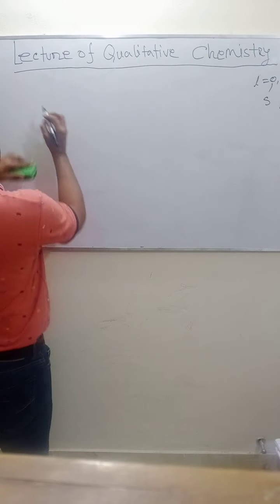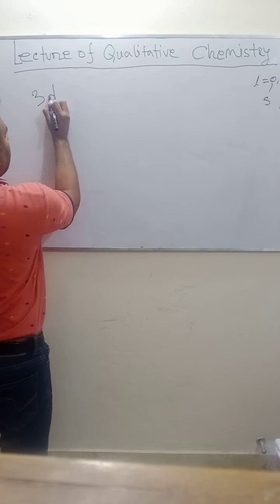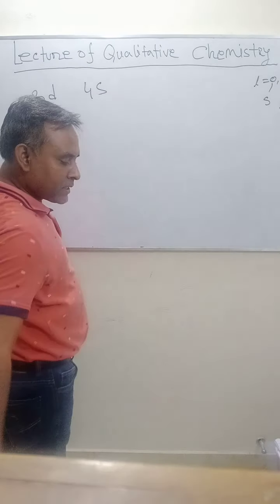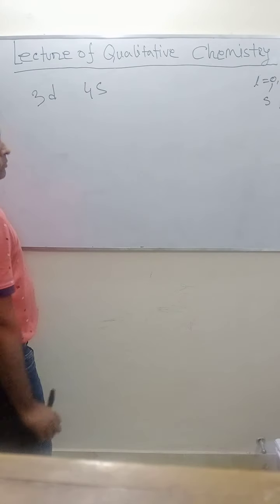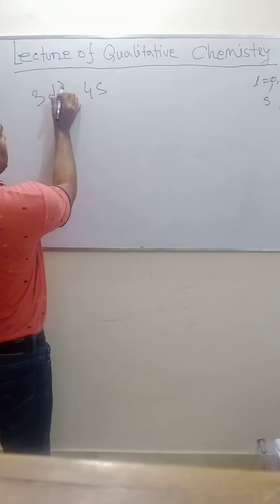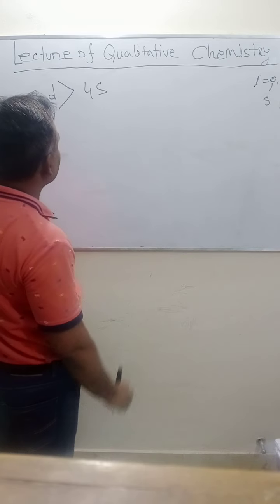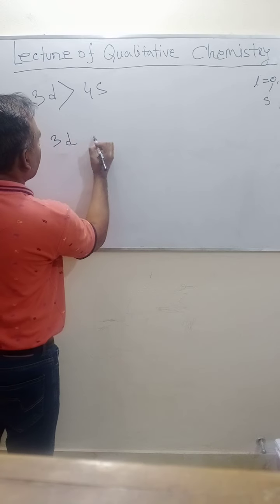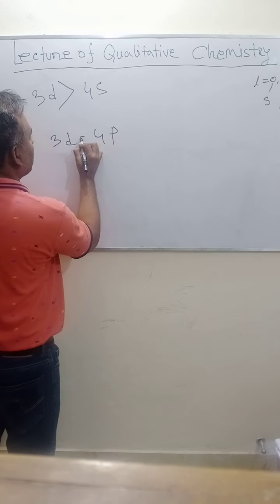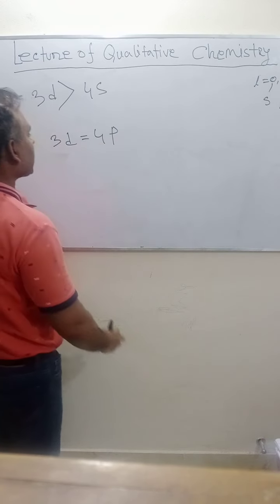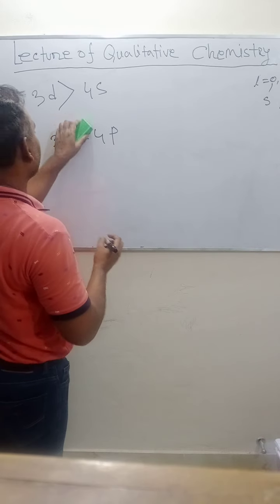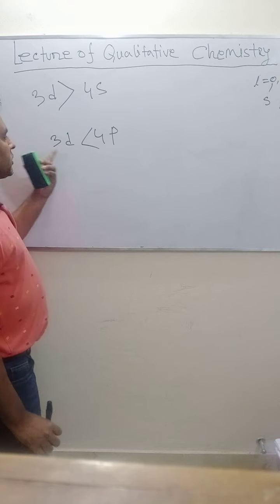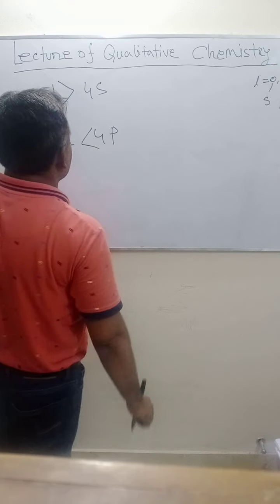So, clear? 3D, 4s, which is bigger? This is bigger. 3D, 4p, which is bigger? Both are the same, but the electron will enter here first, because this is the low energy and this is the high energy.